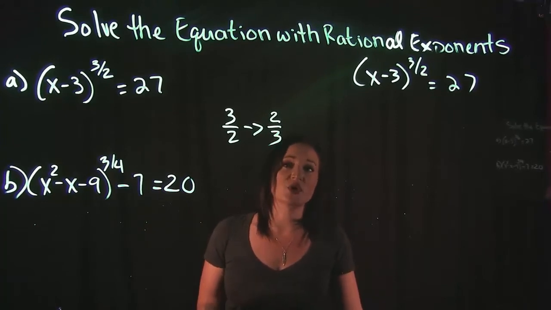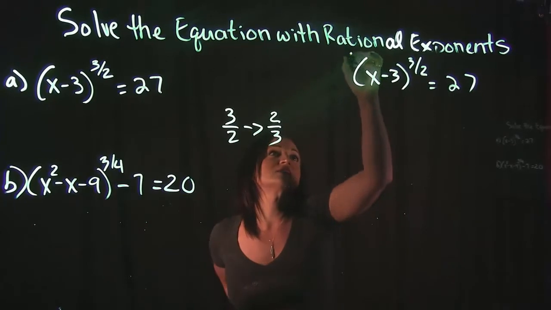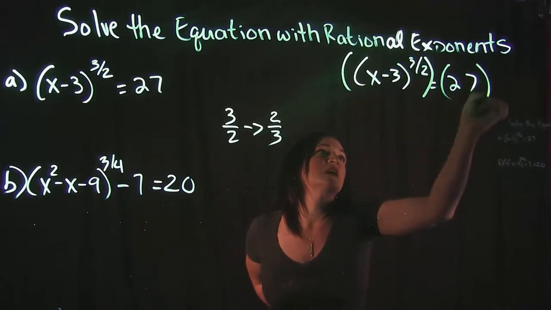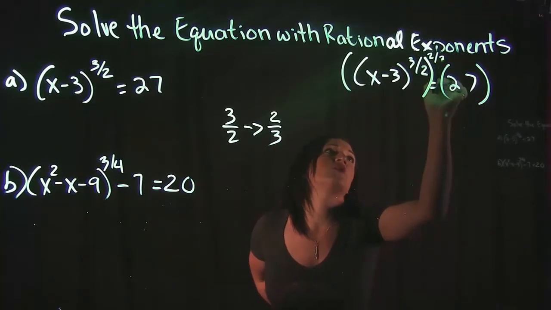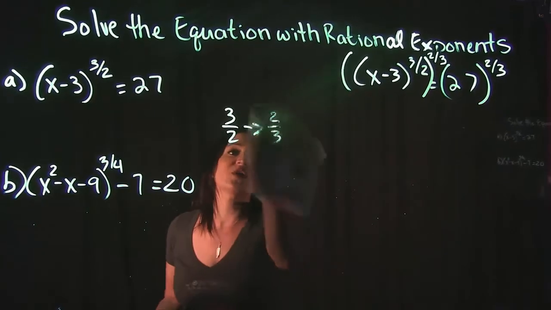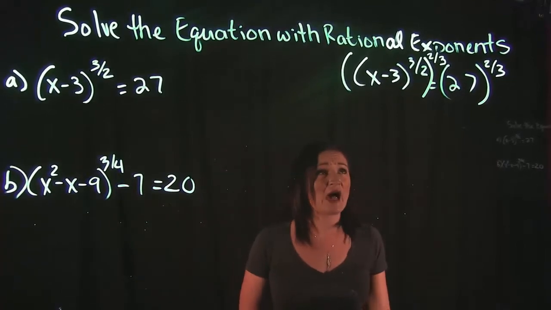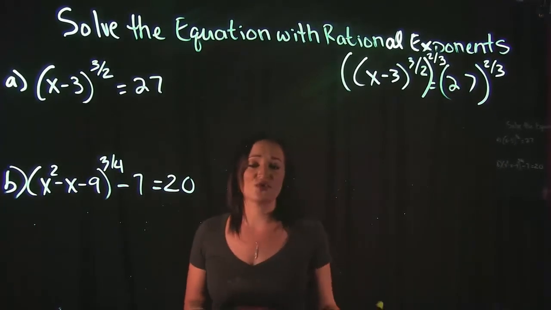And the reason we flip the fraction is because if we raise both the left-hand side and the right-hand side to the 2/3 power, let me show you what that's going to do. On the left-hand side, we have 3 halves, then raised to the 2/3 power.